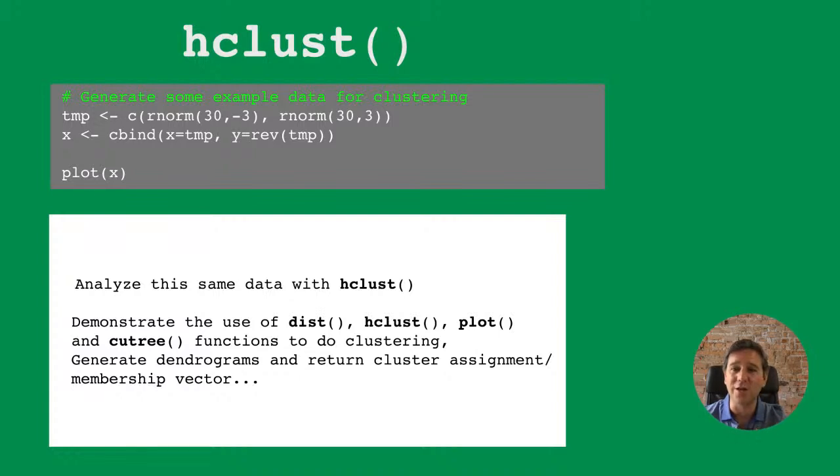But this is the hierarchical function. And just for demonstration purposes, we're going to analyze the same little baby data set, X, that we created above. So we don't have to type that in again. It's the same thing that we had from before. But hierarchical isn't as straightforward as Kmeans.